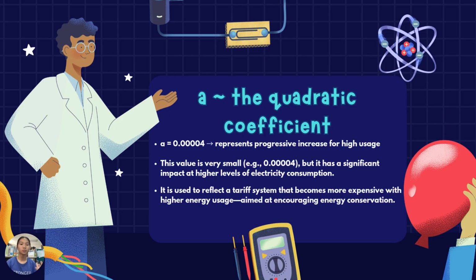The value is very small, but it has a significant impact at higher levels of electricity consumption. It is used to reflect a tariff system that becomes more expensive with higher energy usage, aimed at encouraging energy conservation.